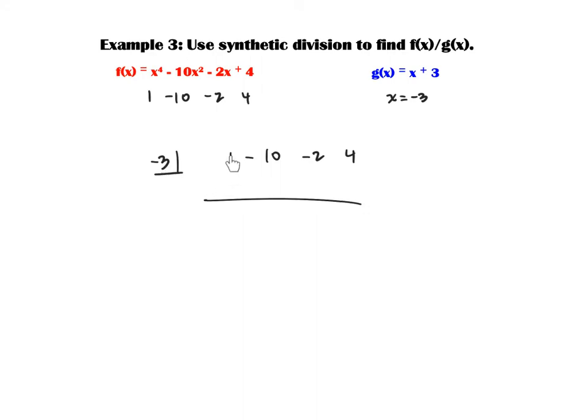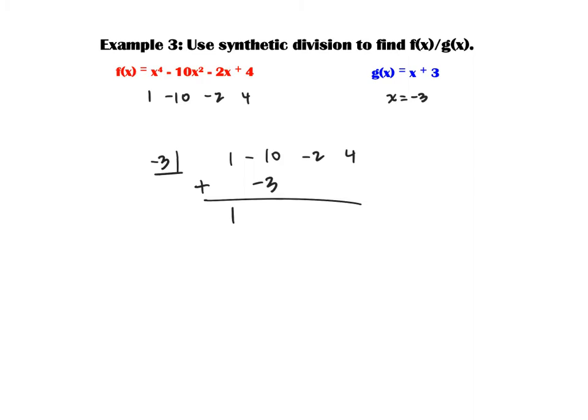But what I'm going to do is I'm going to drop this 1 down, okay, and I'm going to multiply just like I do in long division. So I'm going to multiply this times this, so -3 times 1, and I'm going to put it right underneath the -10. So that'll be a -3. Now in synthetic division, we add, we never subtract. Okay, so it's kind of the opposite of long division in that way.